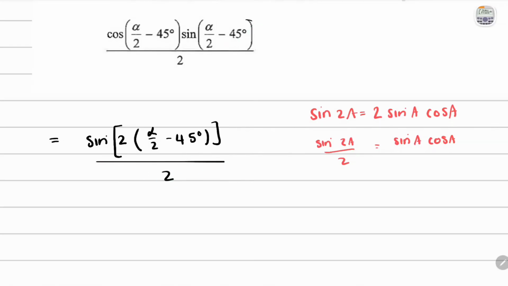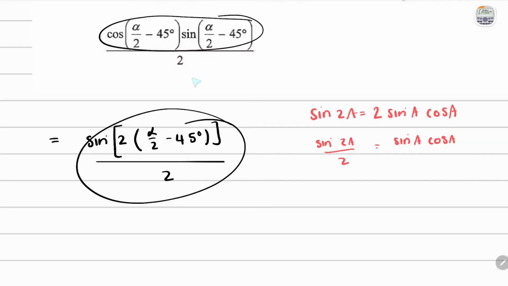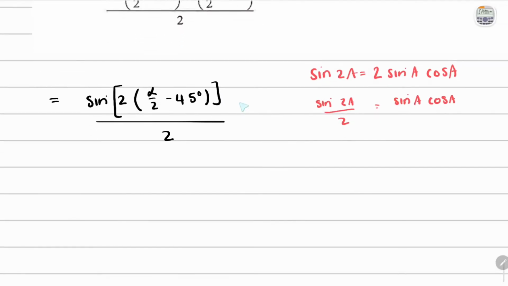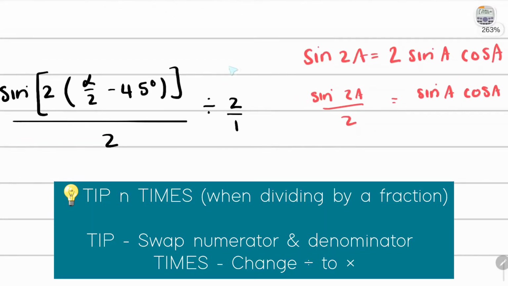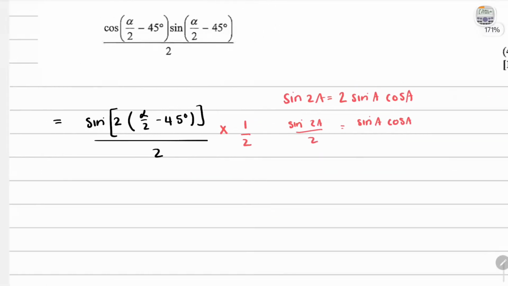Now we still have that. So this is just this part. And then we're still dividing by 2. So we can divide by 2 like this instead. If you say divided by 2, it's dividing by 2 over 1. So we can use the rule tip and times, meaning you change the division to a multiplication and you swap the numerator and denominator. So this is what we have.